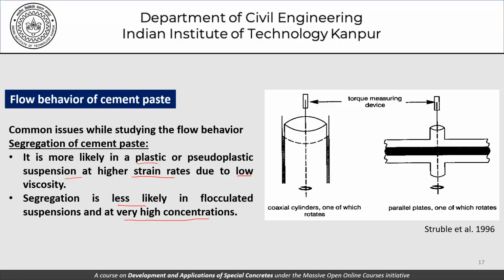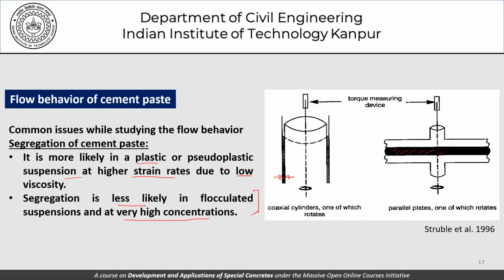So if we have a very narrow slit here where we have filled cement paste, we rotate this cylinder, or we have filled the cement paste in this narrow gap between two plates and rotate this plate, how will the cement paste behave? So the segregation is less likely to occur when the suspensions are having high solid concentrations. If it was low solid concentrations with lower viscosities, segregation is easier to occur.